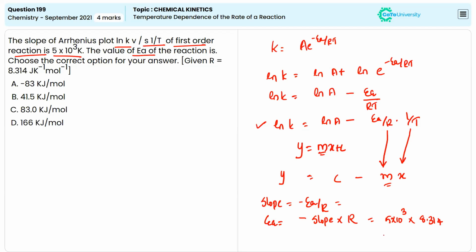If you multiply these values, you will get 41.5 times 10 to the power 3 joules per mole. All the answers are in kilojoules, so we divide by 1000 and it becomes 41.5 kilojoules.